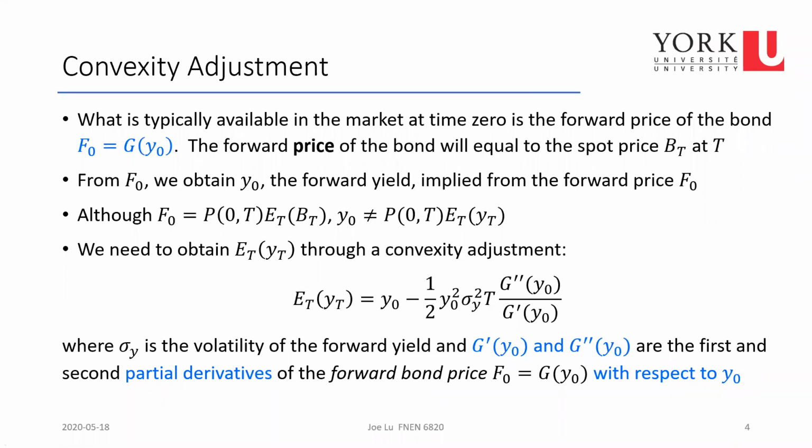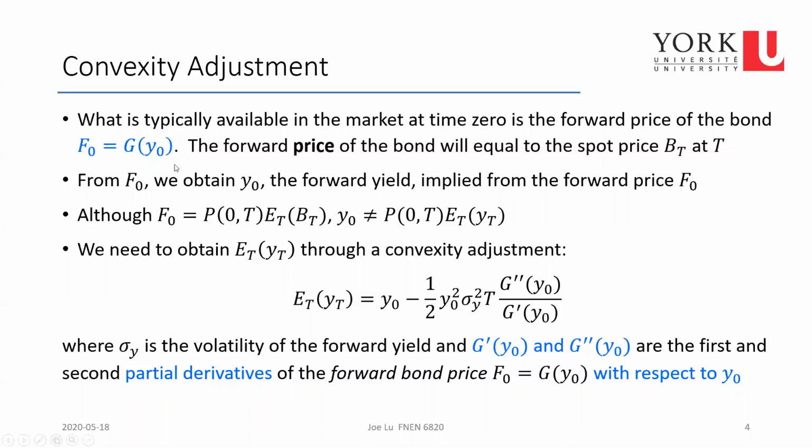Now, although the yield implied from the forward price, so here F_0 is the observed forward price at time equal to 0 of the bond, and from that, because you know the functional form, you can derive an implied yield here.